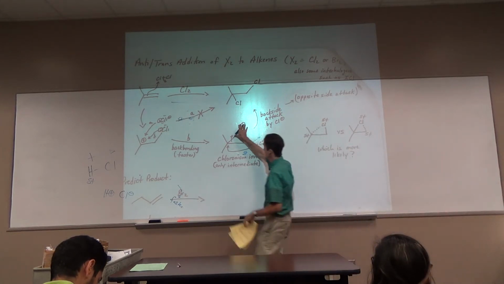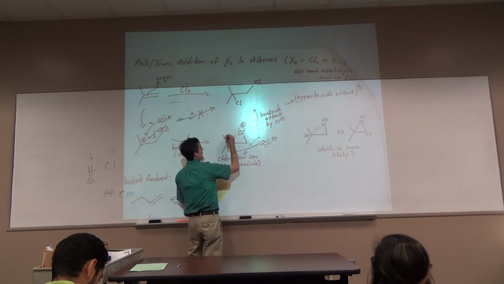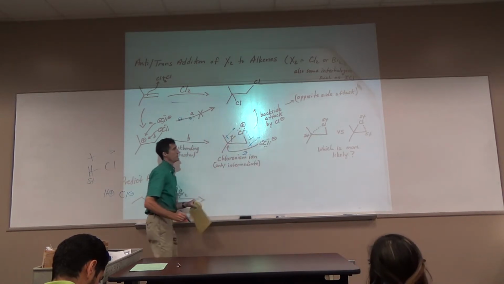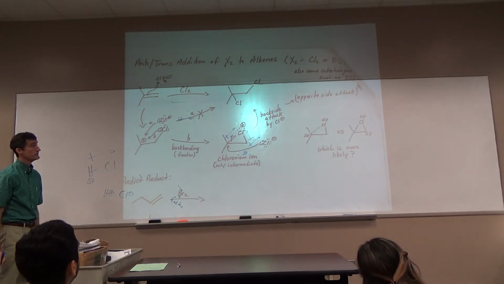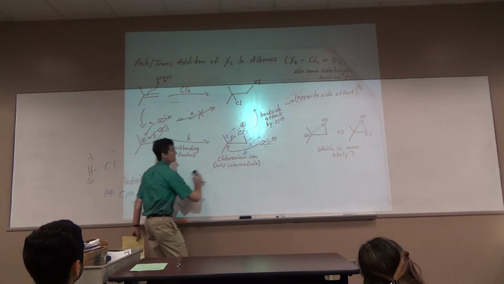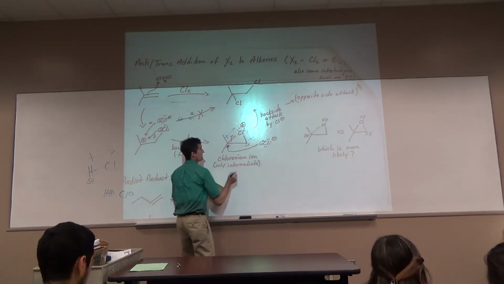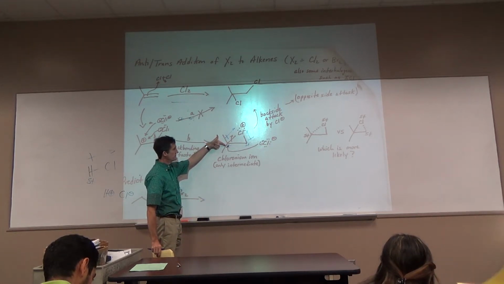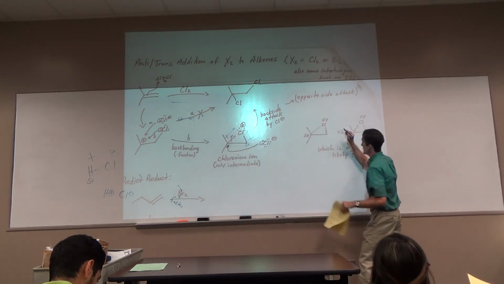Now, at this point, why do we attack on the left? This chlorine is pulling here, but it's also pulling here. Why not? So there's actually partial plus on both. But there's more partial plus here. Now this is showing the two different scenarios.